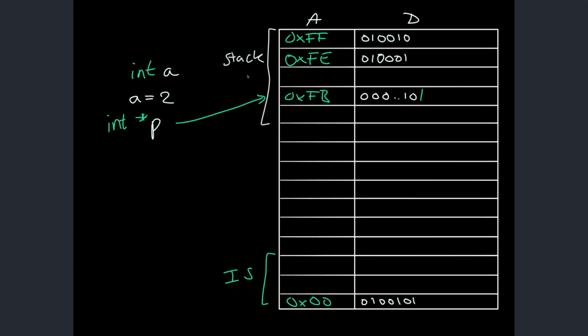Now the stack, because it's meant to be kind of a scratch pad and an efficient portion of memory that we can use on the fly, it has all sorts of cleaning going on. So things will be constantly monitored, so to speak, and tabs will be kept on what you've got on the stack. And if the operating system decides it doesn't look like you need this anymore, it will actually clear things off the stack and make room for other things.